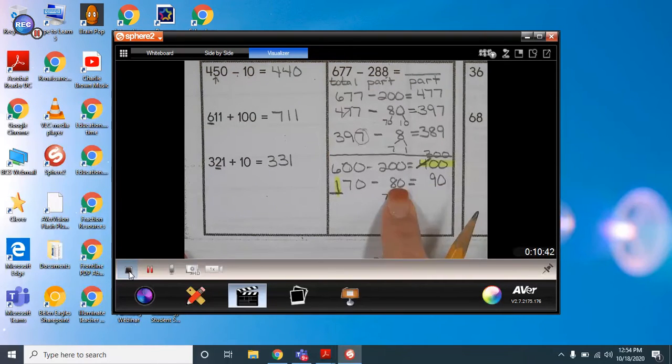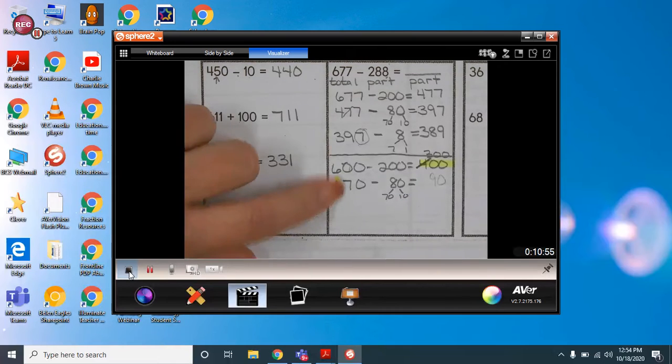That's how you can check your subtraction, by using addition, going backwards. Now, some of you might say, well, 70 minus 80 is 10, which is what some people are doing. If I use addition to check my subtraction, is 10 plus 80 going to give me 70?